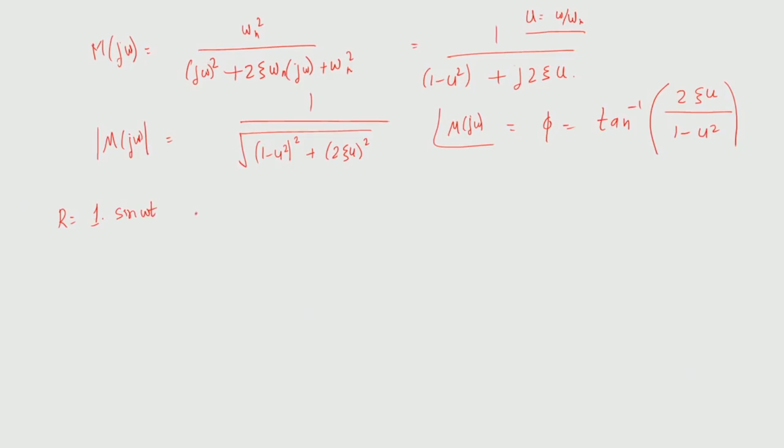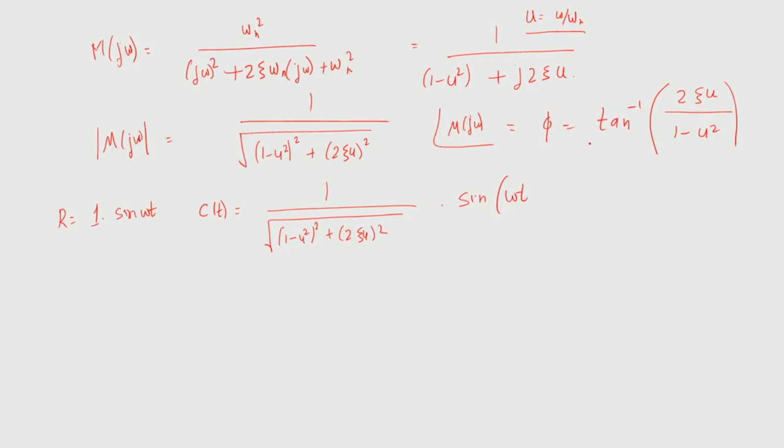So, c of t would be what? The magnitude of the input, that is 1, multiplied by the magnitude of the transfer function, times sin of omega t minus phi.